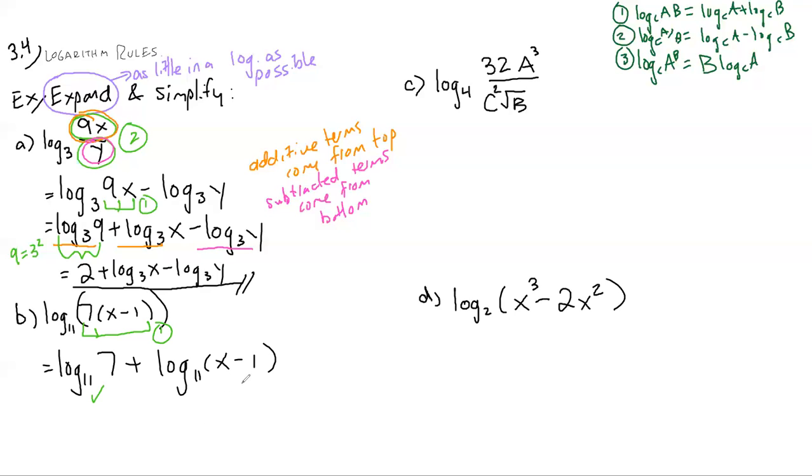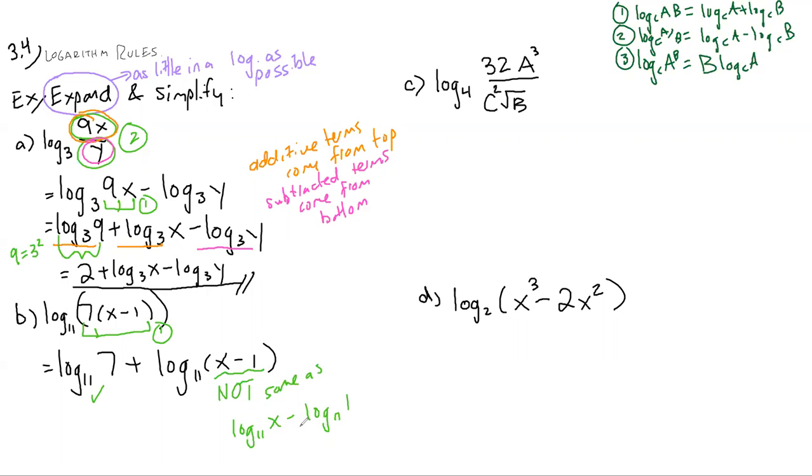And be very careful on the second one. There's no rule for dealing with addition or subtraction inside of a logarithm. So this is not the same thing as log base 11 of x minus log base 11 of 1. All right, that's not the same thing.